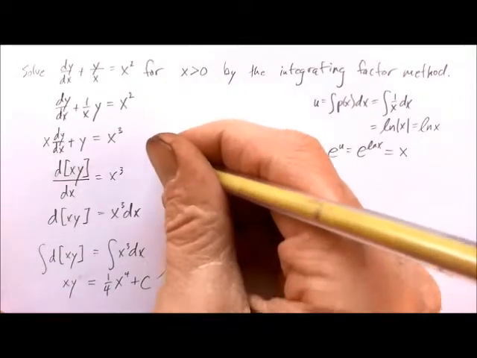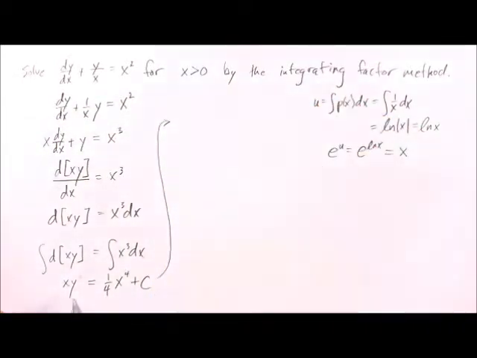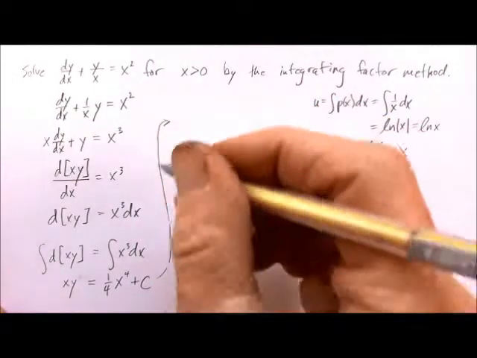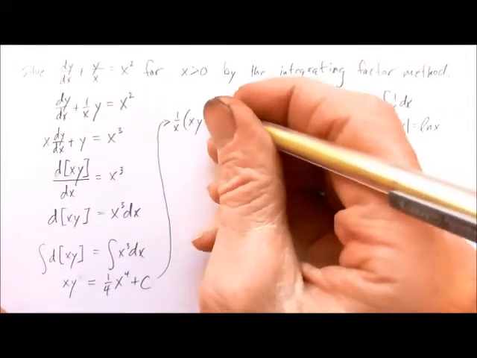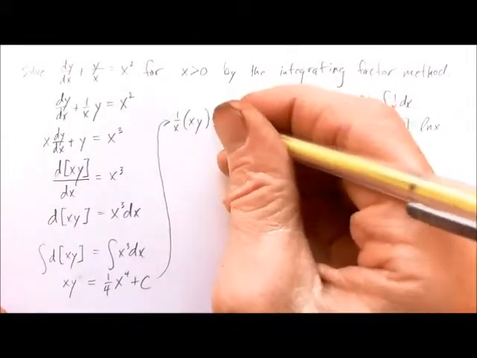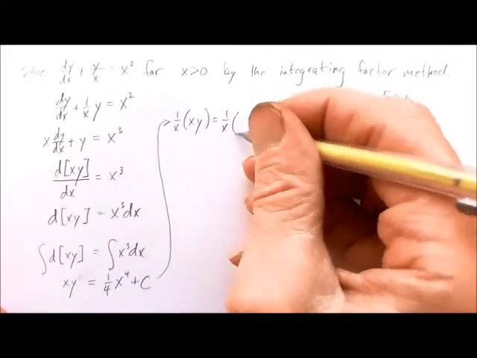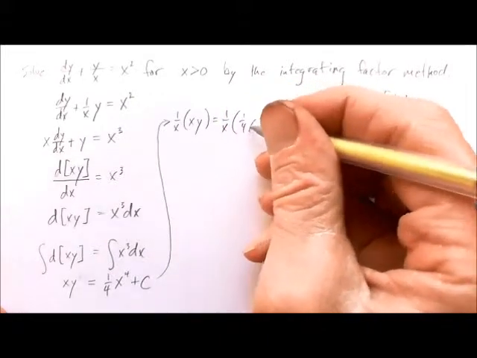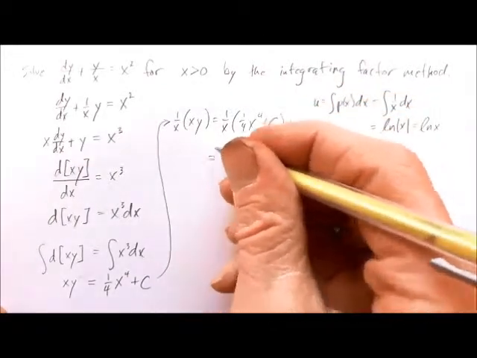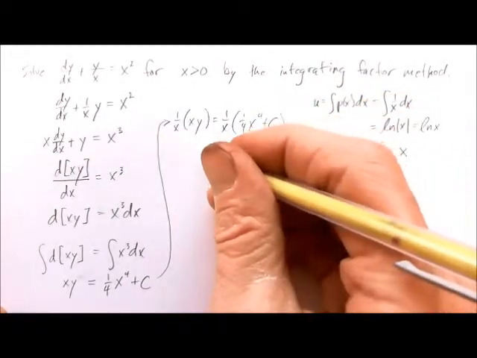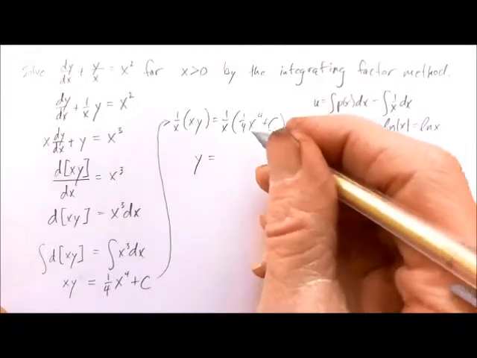Now what we'd like to do is we want to get y by itself, so let's multiply both sides by 1 over x times xy. That'll cancel the x's. On the right side we'd have 1 over x times 1/4 x to the fourth plus c. Here 1 over x times x is just 1, so we get y equals.